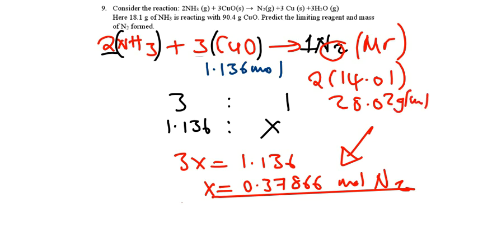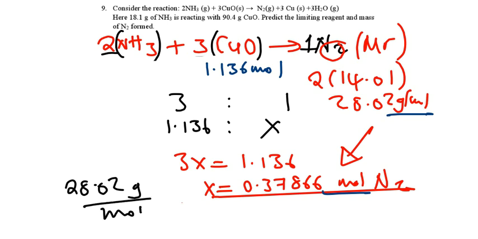To find the mass, look at the units, grams per mole, moles. So you can just multiply the two values: 28.02 grams per mole multiplied by the number of moles. What is that showing us? The moles will cancel out, so you just remain with grams.